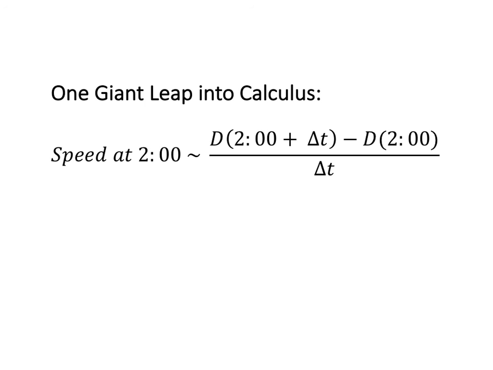Basically, we're taking a giant leap into calculus. We can see that the smaller the time interval, delta t, the closer our approximation is likely to be to the speed at 2 o'clock. So how close can we get? In other words, what's the limit?